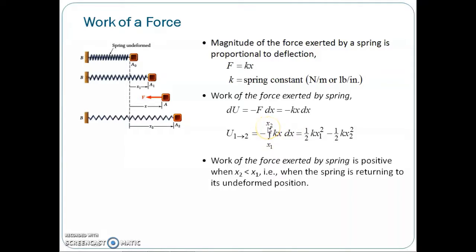In that case, the work of the force exerted by the spring when it is being compressed will equal 1 over 2 k x2 squared minus 1 over 2 k x1 squared.